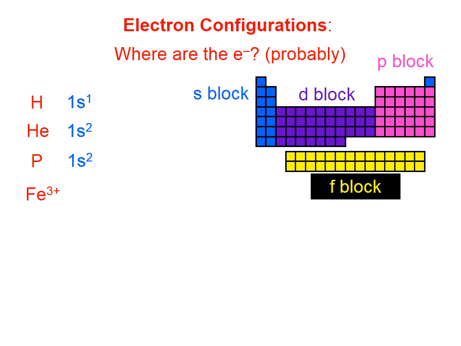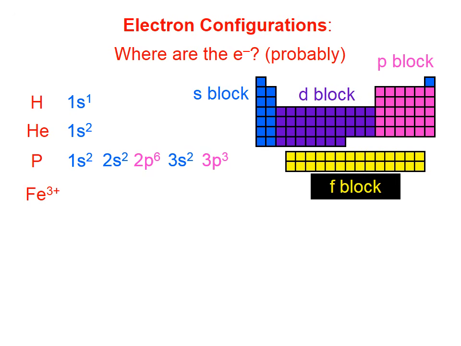Get out your periodic table and find it if you need to. The electron configuration for phosphorus would read 1s2, 2s2, 2p6, 3s2, and the last three electrons would go in the 3p orbitals. What about the iron 3+ ion?